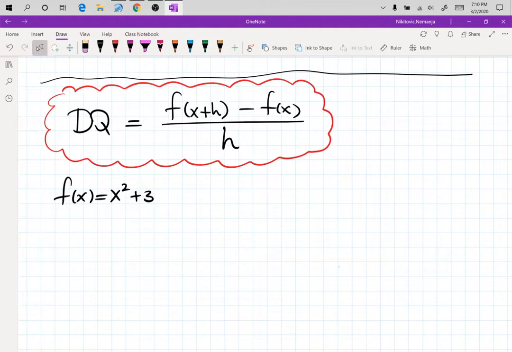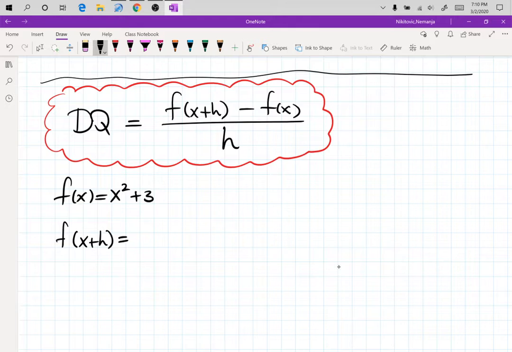When you look at the formula, you do have just the f of x piece, which is x squared plus 3. What you don't have is f of x plus h. That's the one you have to create. So f of x plus h is going to be every x of f replaced by x plus h.